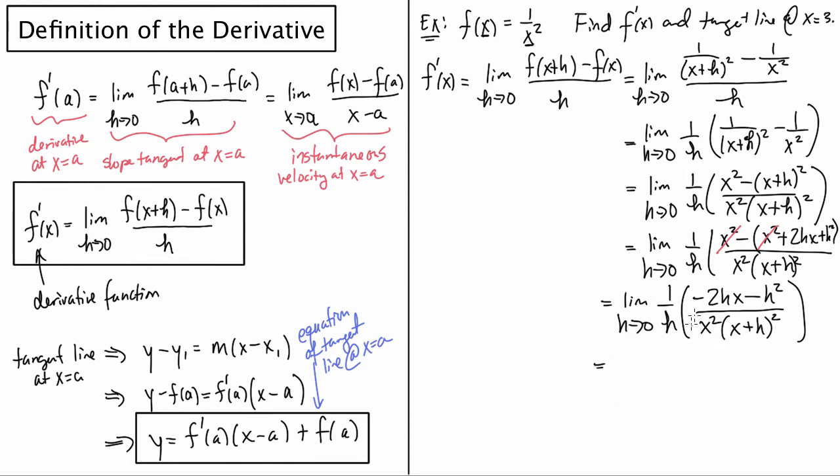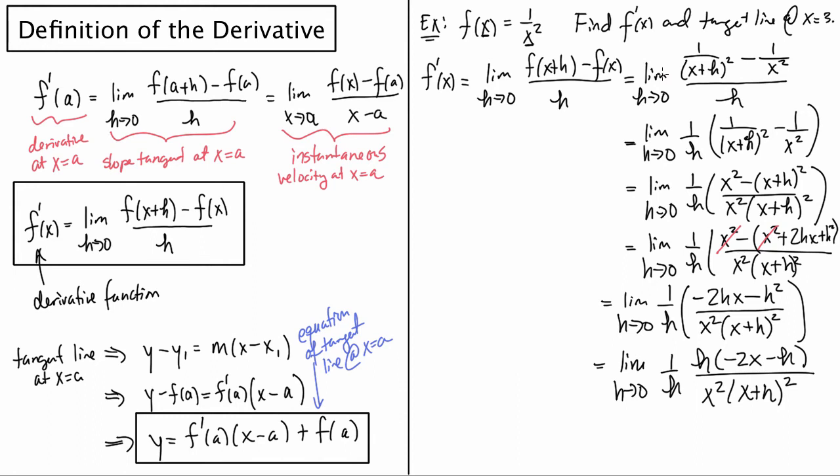So looking at that, what we notice is each of the terms in the top contains an h. So if I take the terms in the top and factor out an h, then they become negative 2x minus h over x squared times (x plus h) squared. And what I want you to realize is how far we've come here.